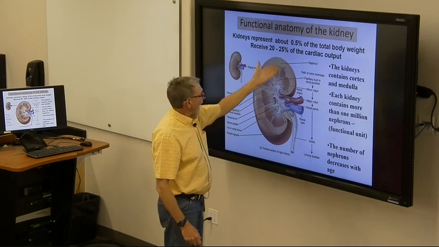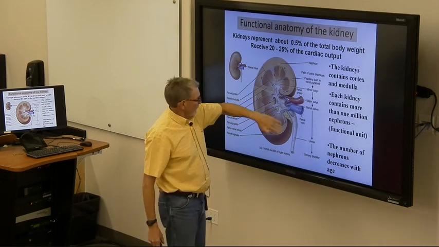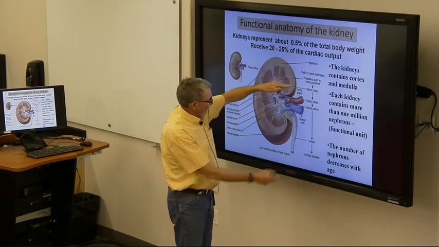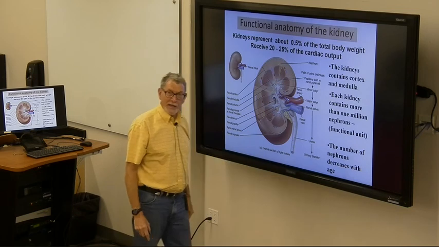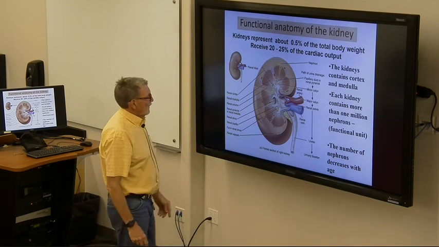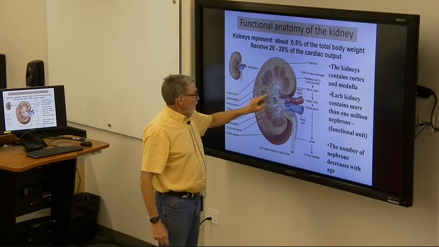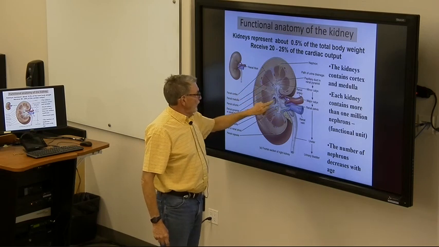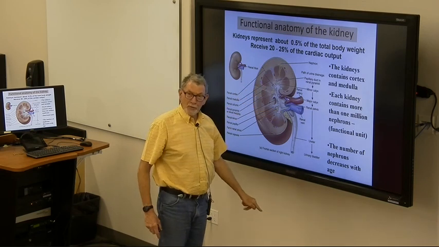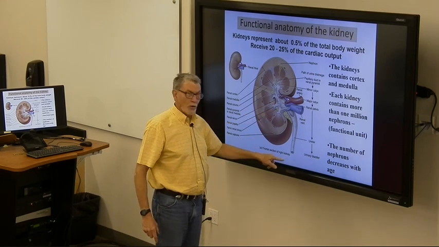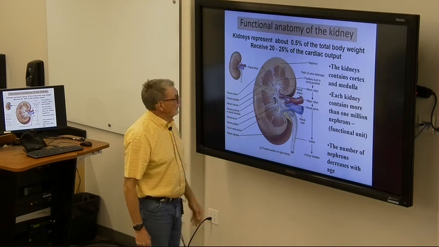The renal hilus is this bent-in point that has the renal pelvis in it and all the blood vessels and things going in and out of it. And so you have blood coming in, you have blood going out, and whatever got filtered out goes into the ureter. From the renal pelvis, it goes into the ureter to be peed out.